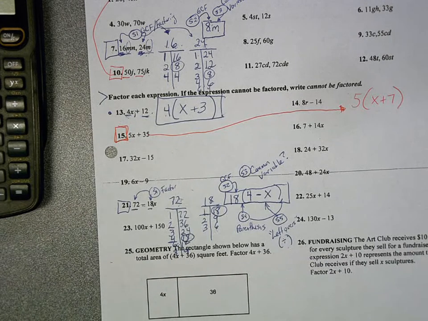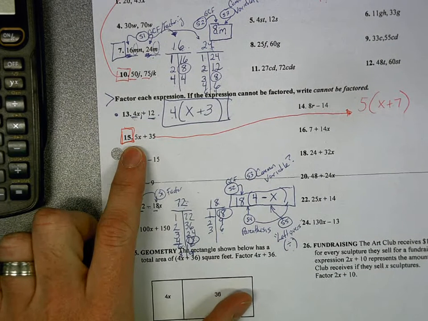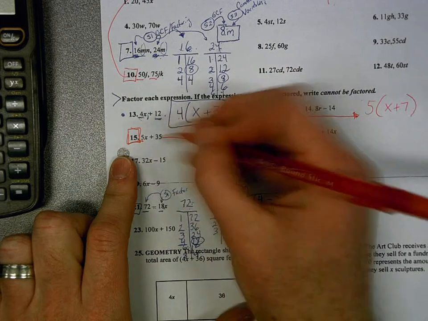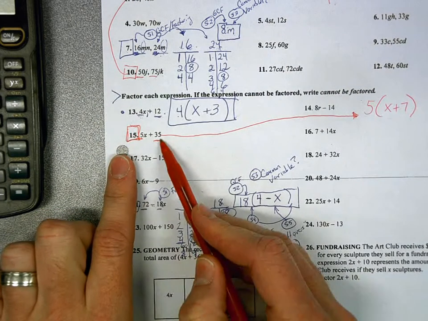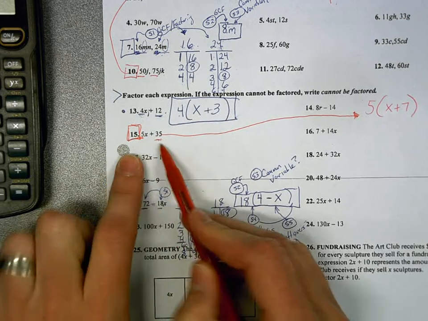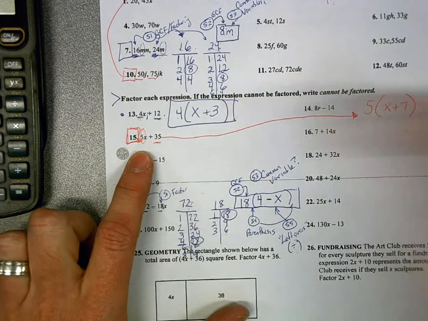Okay. All right, well, let's check it out here. So 5x plus 35. You could have easily done a chart, but remember I told you that on the problems where the smaller number divides evenly into the bigger number, you don't have to show a t-chart. So remember the 5 is going to be your greatest common factor. So that comes out.